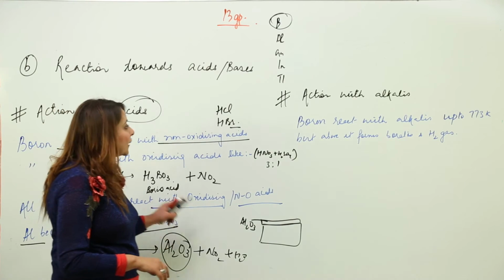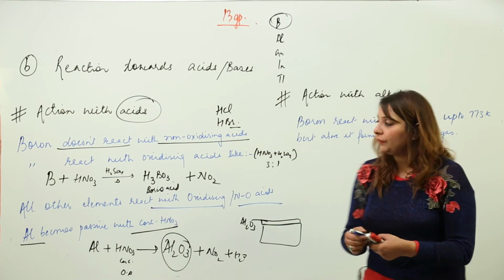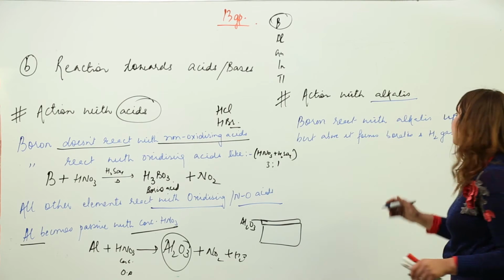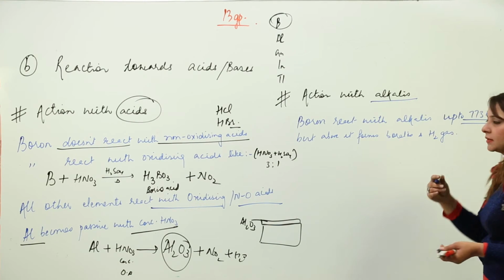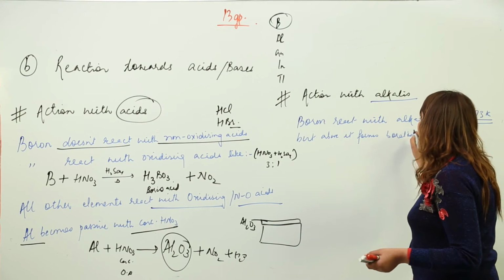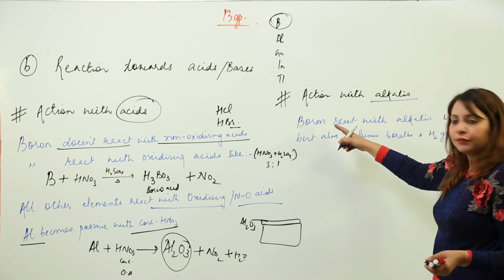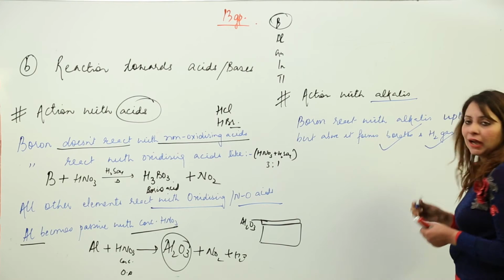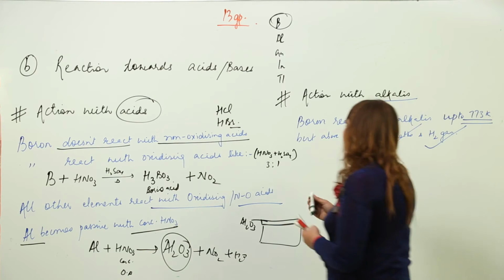Now coming to the action with alkalis, what we have seen is that when we react them with alkali, the reaction up to 773 Kelvin is okay, that means they form the respective hydroxide, but above that they form their salts. If we talk about boron, it forms borates and hydrogen gas. Let's show a reaction.